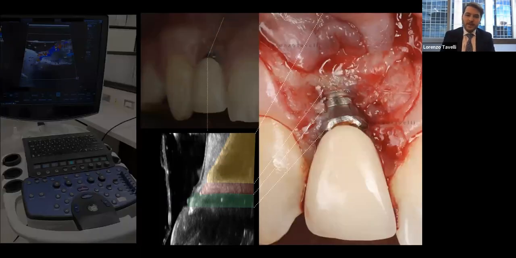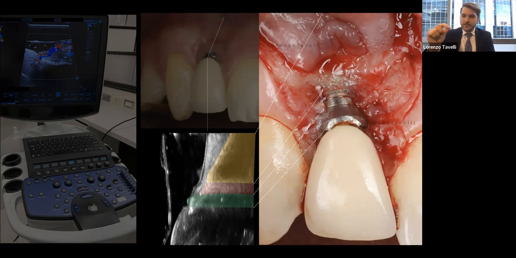So if you don't believe me in my way of coloring the ultrasound scan, at the beginning, of course, it is not too immediate to recognize and be able to read the ultrasound scan correctly. So here I want to show you the surgical picture because this case was treated later on, in which there is a portion which is the abutment exposed to the oral cavity, but some of the abutment is actually inside, underneath the flap.